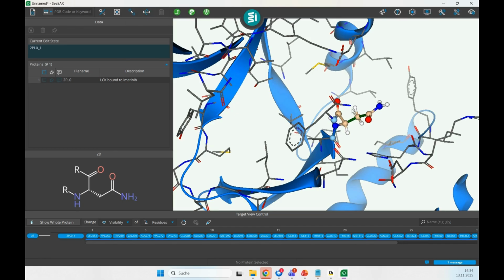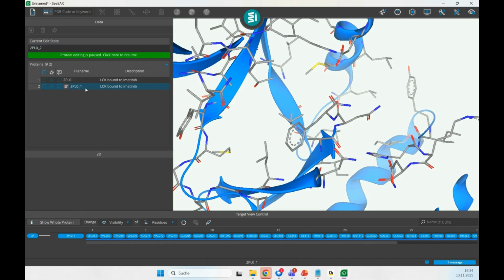You can also work a little bit with rotamers using the rotation button here. And once you have done what you wanted, I wanted to generate an asparagine here. I did that. You can then export them and also work with them continuously.